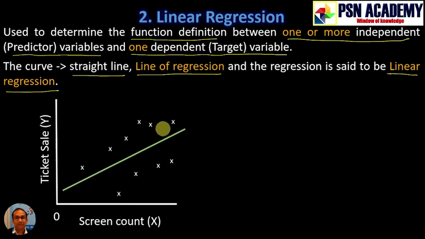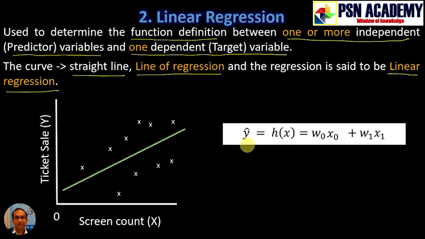These are the data points, and based on these data points, we have got this straight line. This straight line is called the line of regression. For this line, we have an equation: y hat equals h of x. So h is your function, and it has two terms, w0 x0 and w1 x1. These are added together.